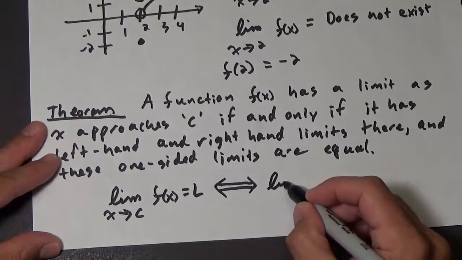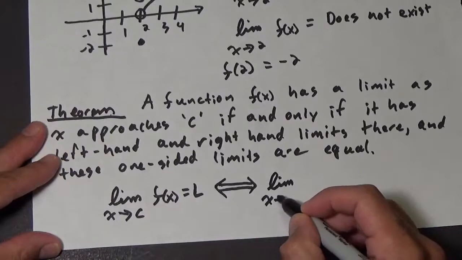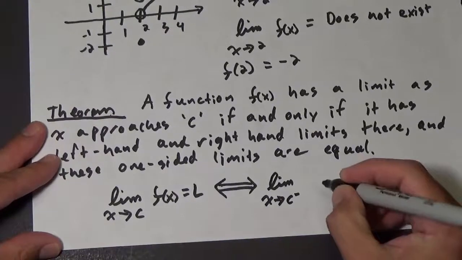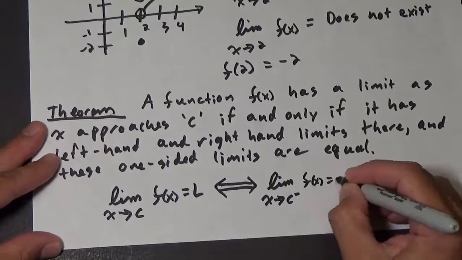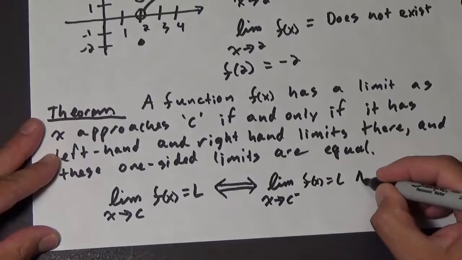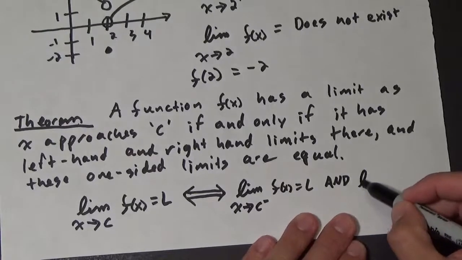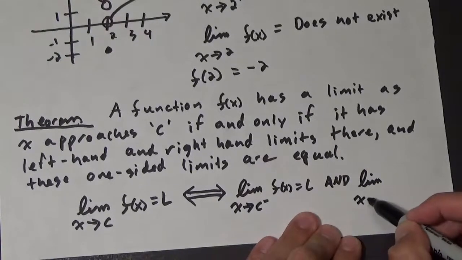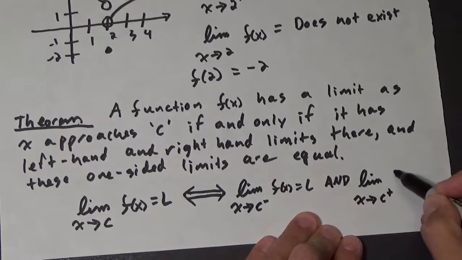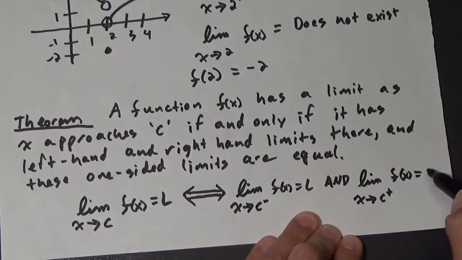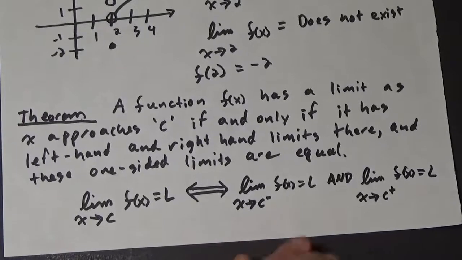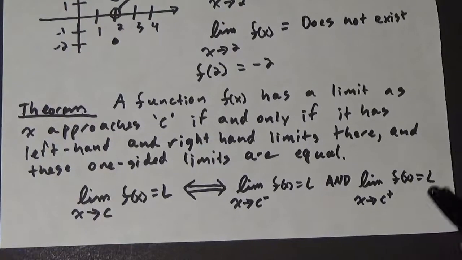First, the limit as x approaches c from the left-hand side of f of x must be equal to L, and the limit as x approaches c from the right-hand side of f of x must equal L. This isn't a super challenging theorem, and it makes sense.